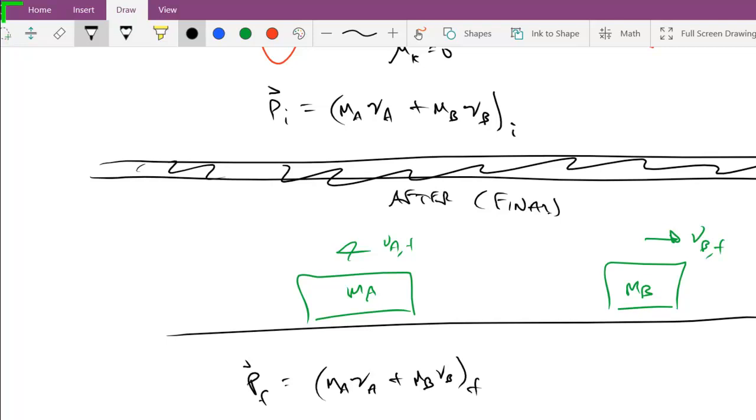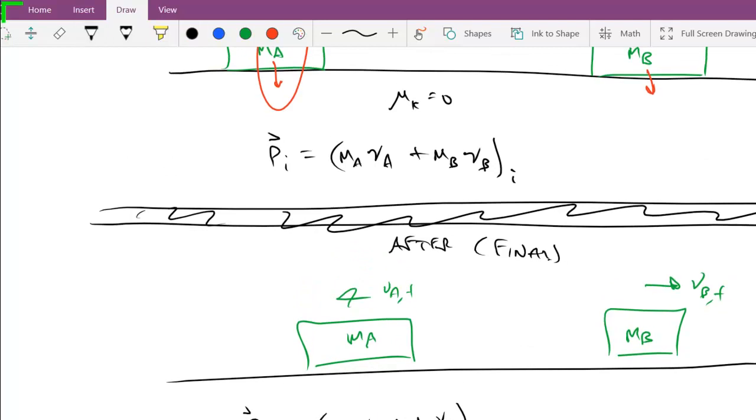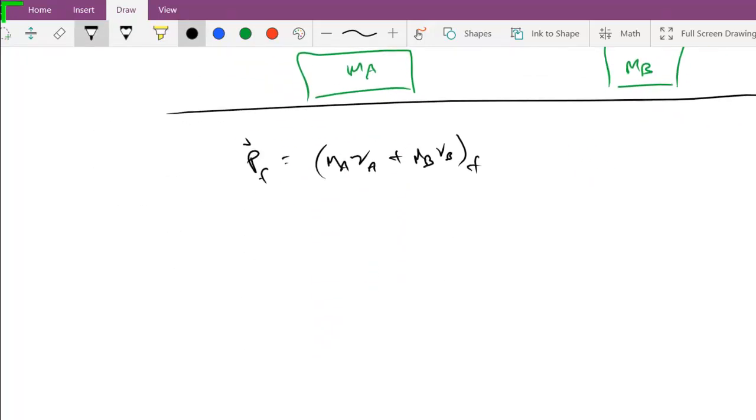Since this was an isolated system, I know that the momentum before is equal to the momentum after. This follows from what we said before: if the change in momentum is equal to 0 because there are no forces on it, then the initial momentum is equal to the final momentum.